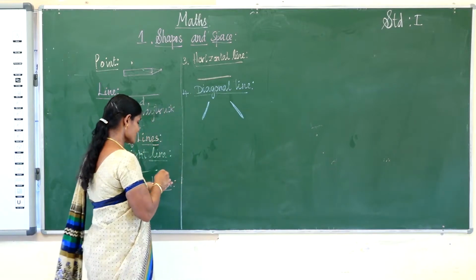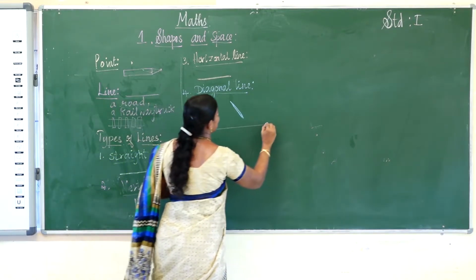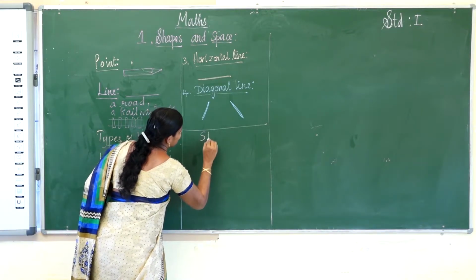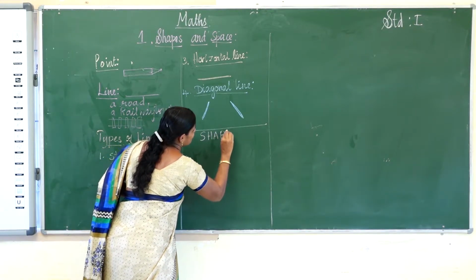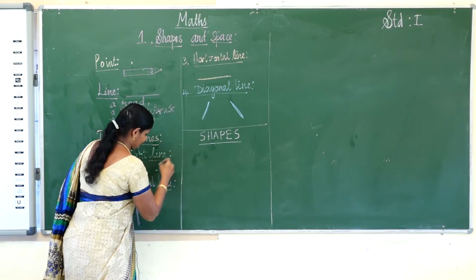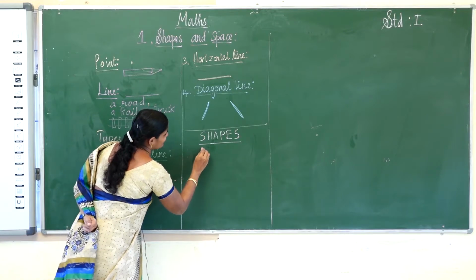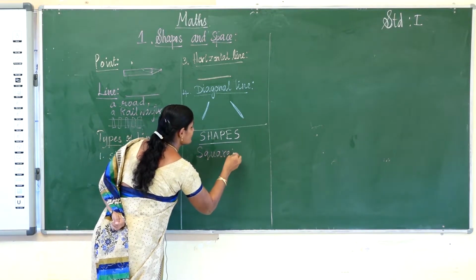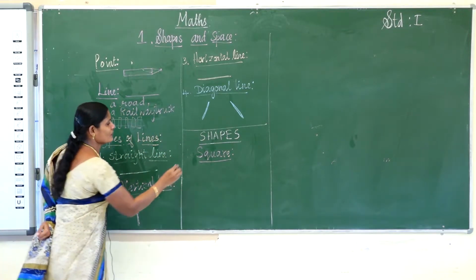Okay. So we discuss shapes. First we see the square. How do you draw a square? You have to draw like that.